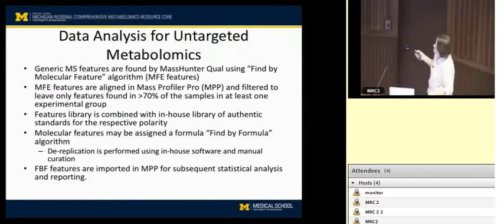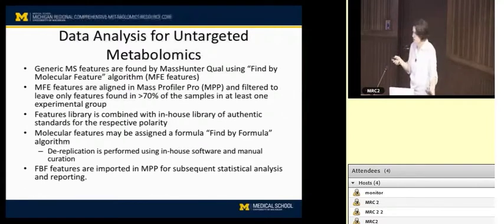We're just going to filter across the board, and people do that. So again, if you're talking about up to 4,000 features or whatever the case may be, you're going to have some errors there. You're going to have some missing values. The software is just not perfect at always finding and always integrating the same peaks. So yes.